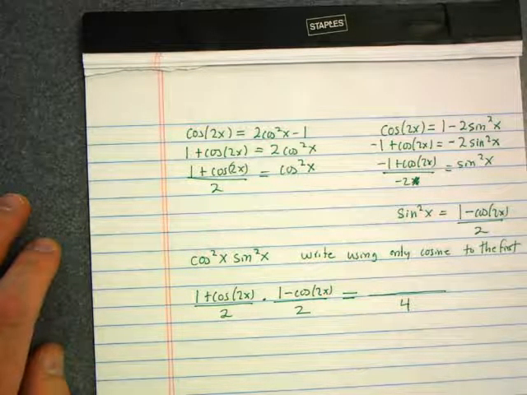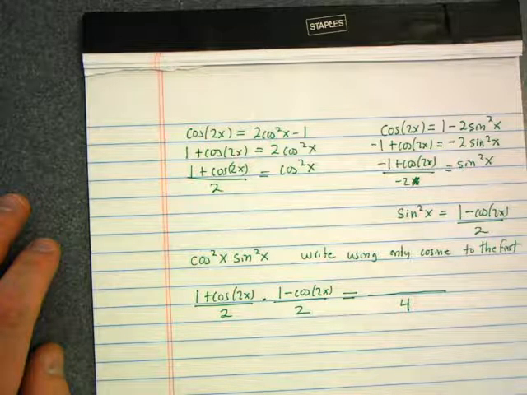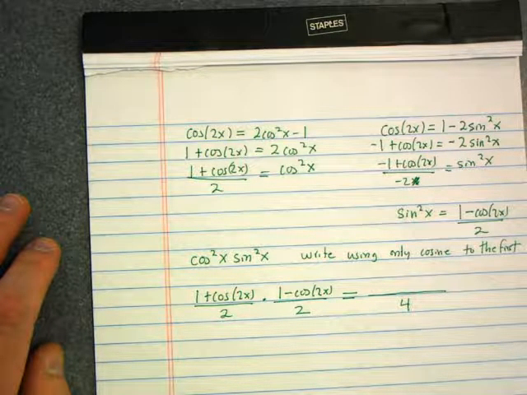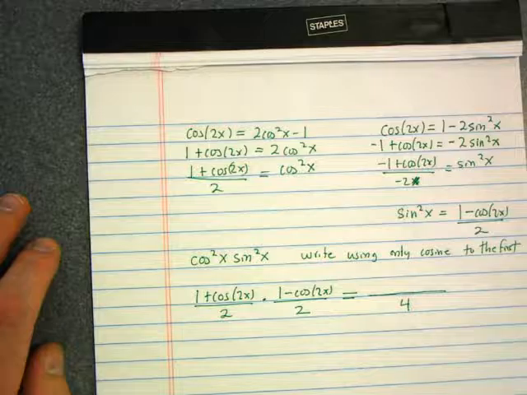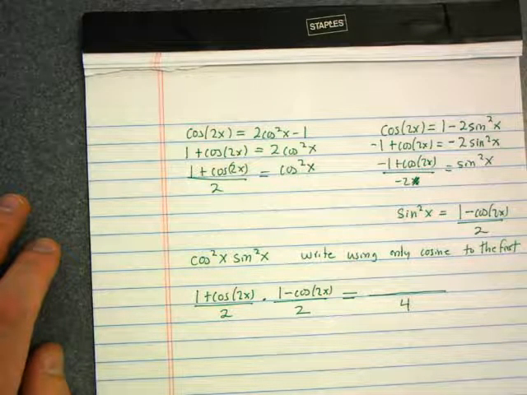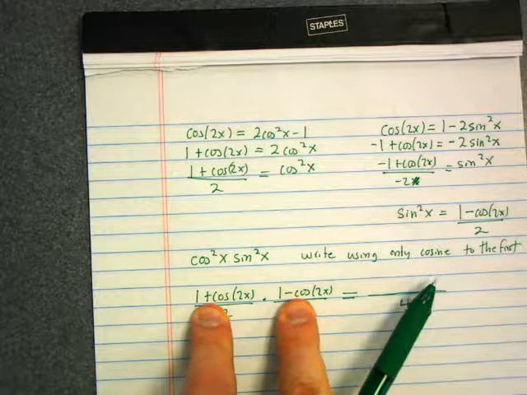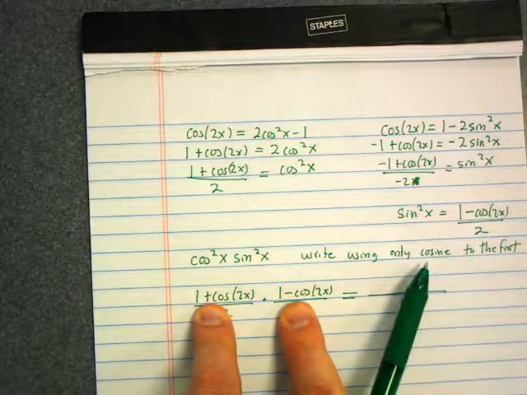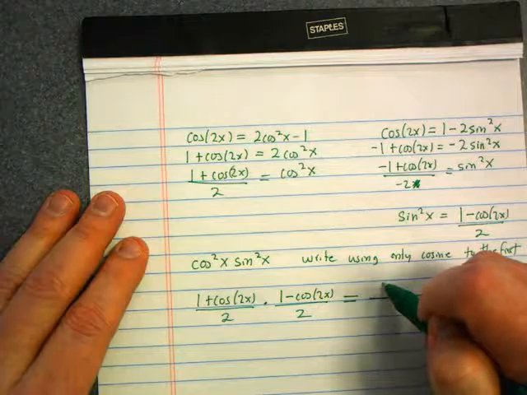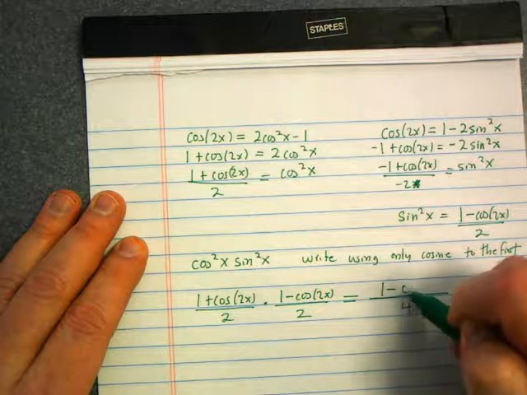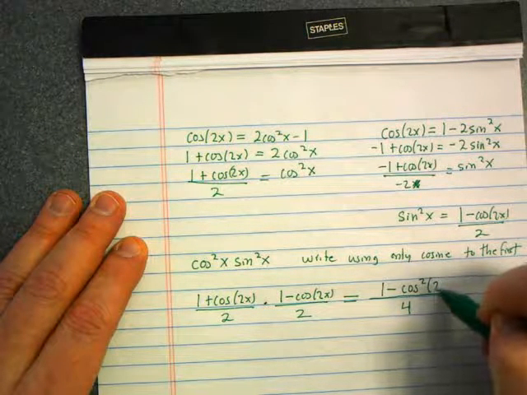What happened to the two middle terms when you do FOIL? Why do they cancel? Because those two things are conjugates. Notice they're exactly the same, except one has a plus, one has a minus. Those are called conjugates. So when you FOIL that out, you get 1 minus cosine squared of 2x.